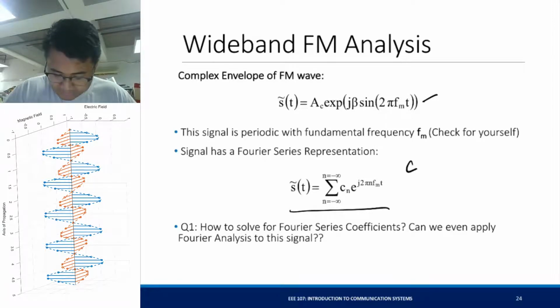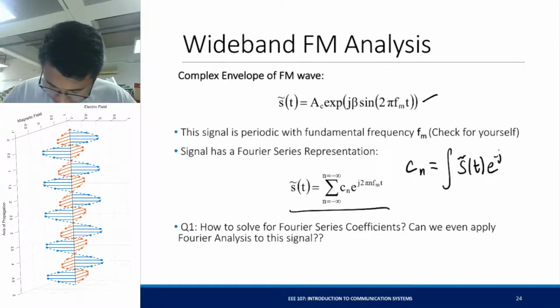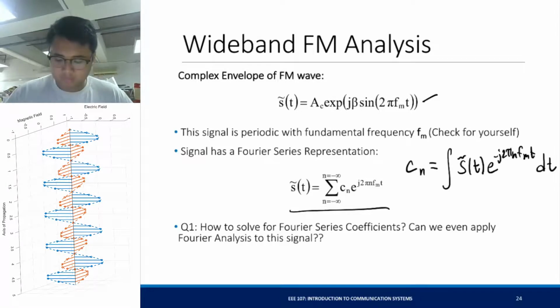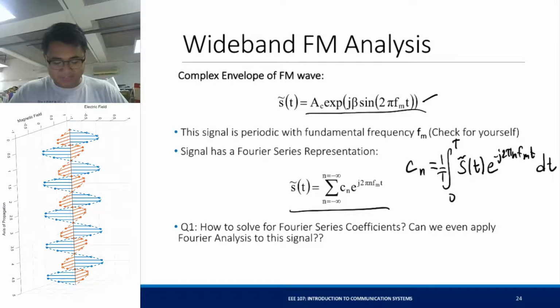If you want to get c sub n, then we integrate the complex baseband equivalent with, okay, from one period. There you go. But how? Can we even apply Fourier analysis here? Let's try.